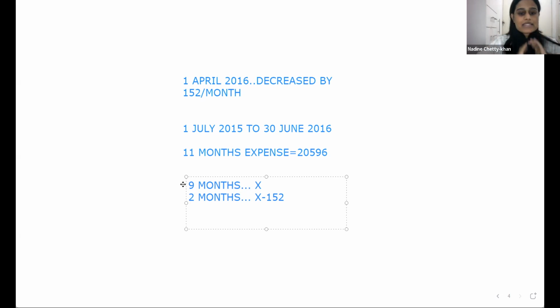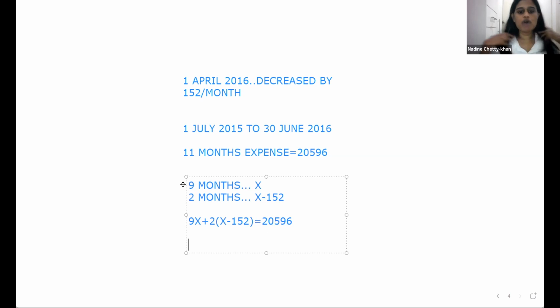So I write this in terms of a formula. 9 months times the normal rent amount plus 2 months times the rent amount minus 152, decrease each month, will give me 205.96.